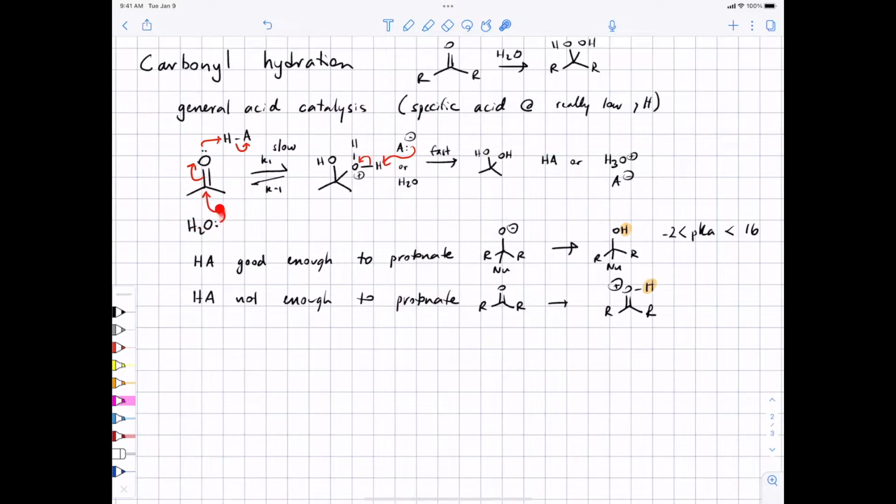The slow step is nucleophilic attack. So if your acid is strong enough to protonate the carbonyl, that's going to happen first. You'll go to a specific acid catalyzed mechanism where that just happens before and it's a pre-equilibrium, and then you have the slow step. Yeah. All right.